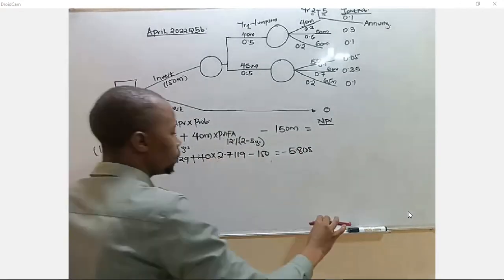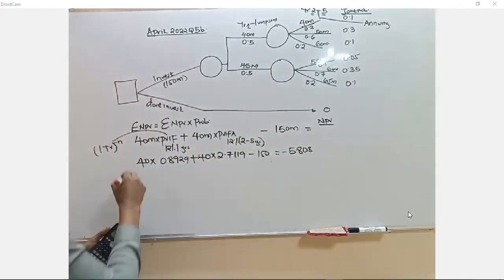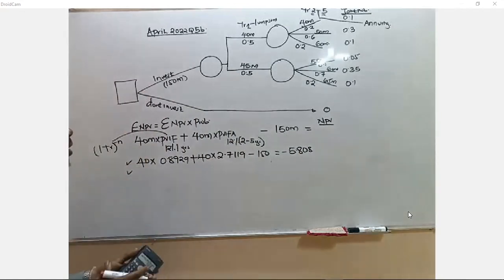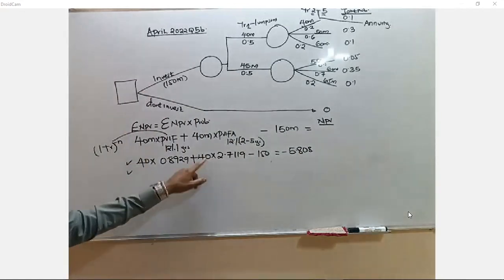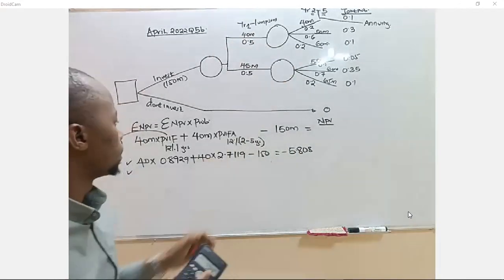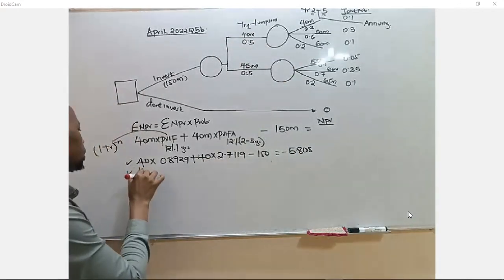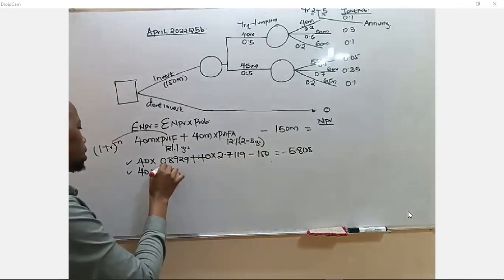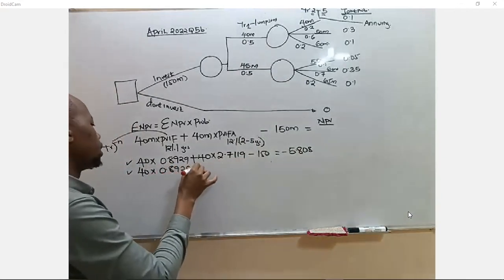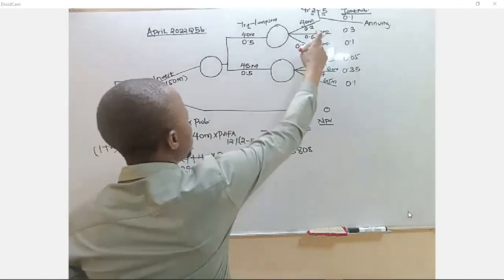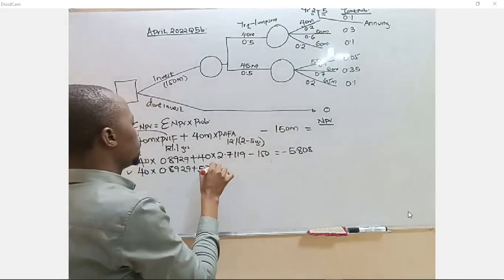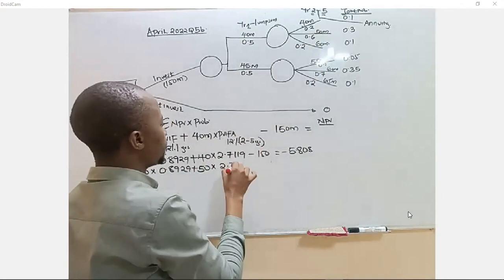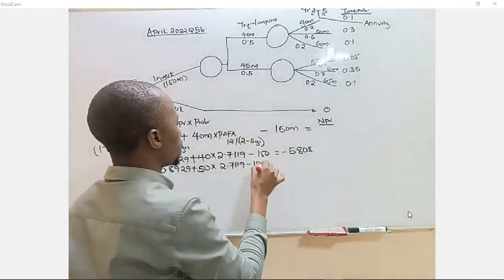Then the second one, let me put it now. Nothing else will be changing; what will be changing is the cash flows. So the second one will be 40/50. So it will be 40 times, these discount factors are not going to be changing, 0.8929 plus, now this changes to 50, so 50 times 2.7119 minus 150.